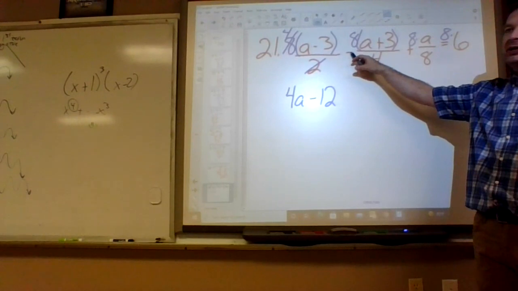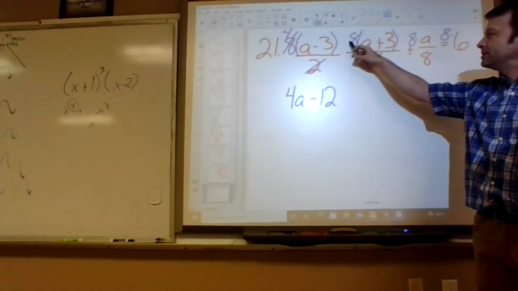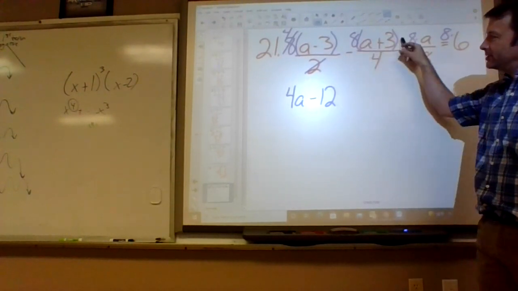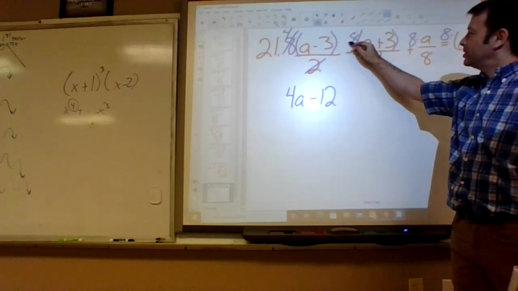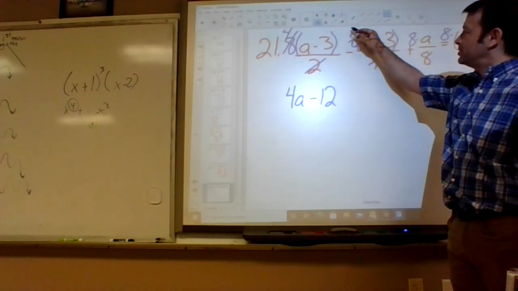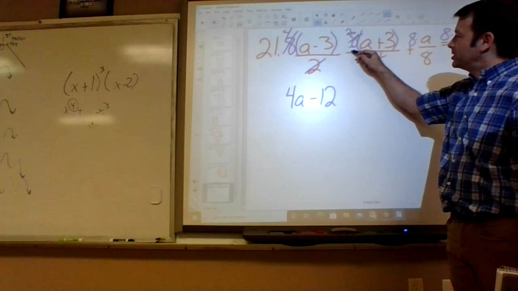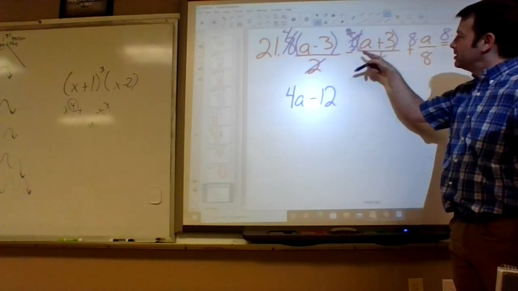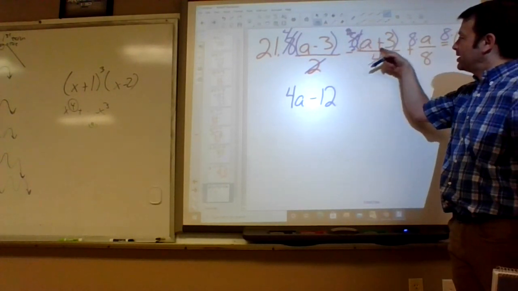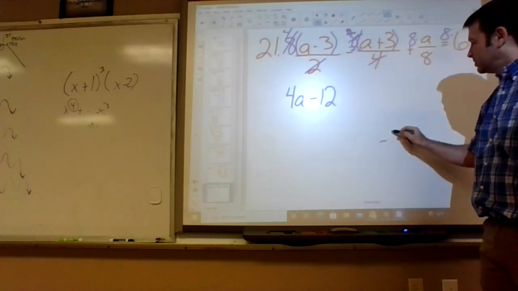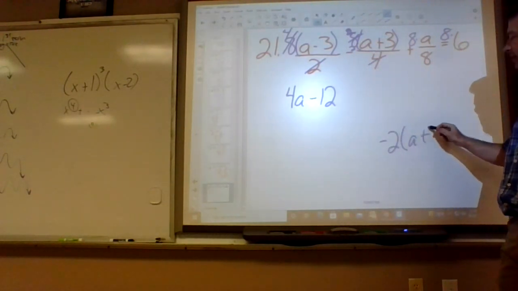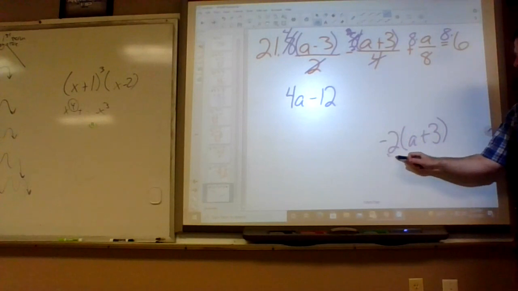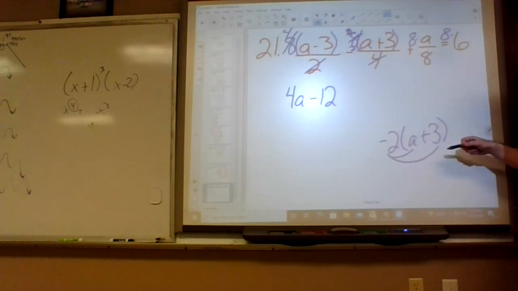This minus right here, what are we subtracting? All of this. So 8 divided by 4 is 2. We have to subtract 2 times all of this. So really, think of that as a negative 2.